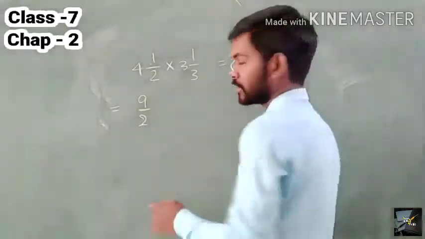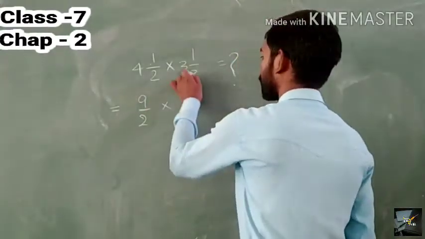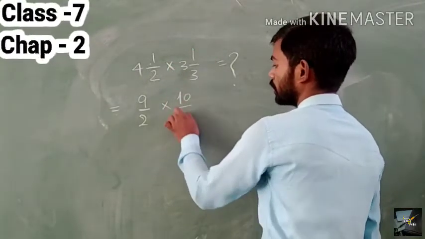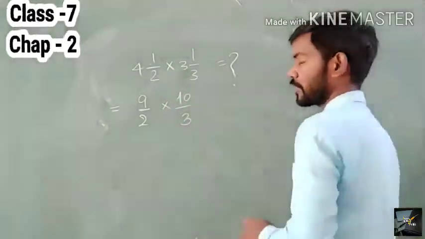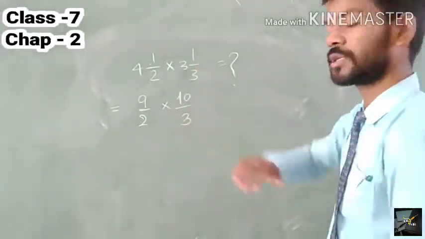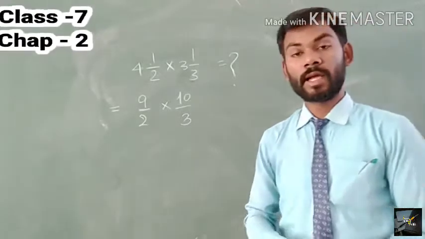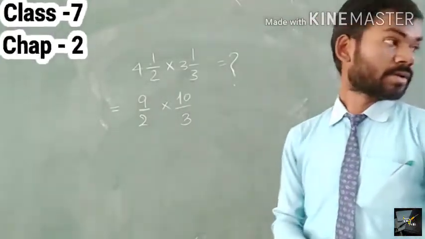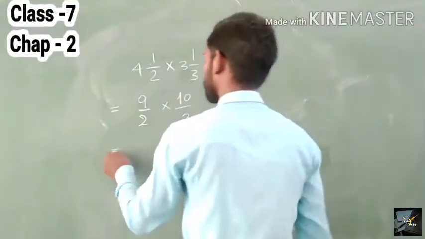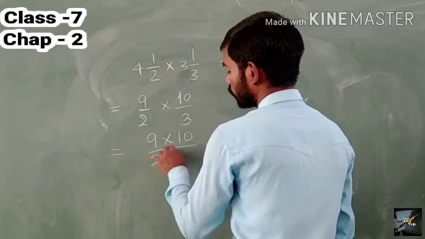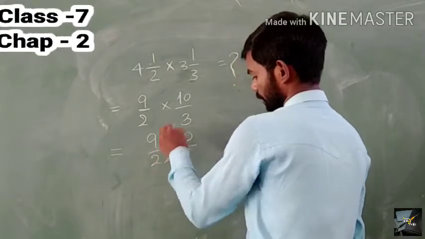This is the first, multiplied by 3 threes are 9, and 9 plus 1, 10 upon 3. Okay. Now the mixed fractions are converted into improper fractions, and we know the idea to multiply the given fractions. So here we get the result 9 multiplied by 10 upon 2 multiplied by 3.